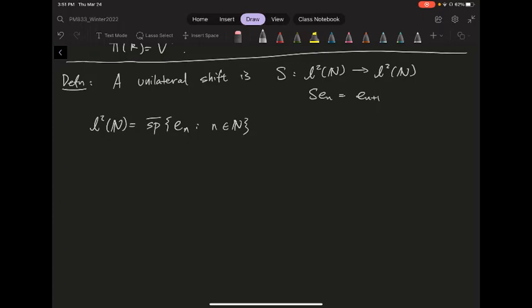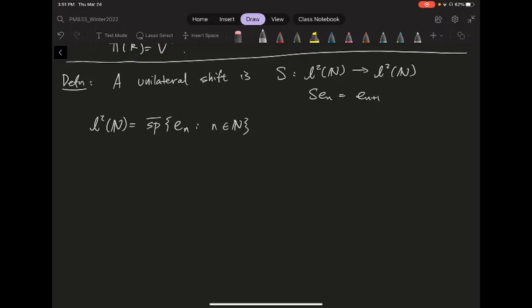Okay, so that's an L2 space. And the unilateral shift is that you shift all the basis vectors to the right. Okay, so this operator, you should have seen it in functional analysis a lot, and it gives you a lot of counterexamples when you talk about the weak operator convergence and so on.